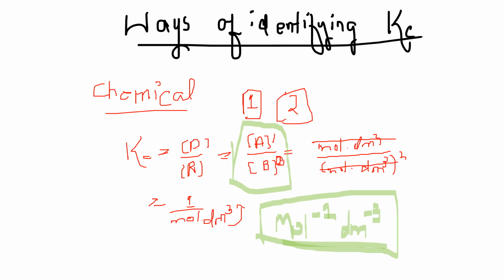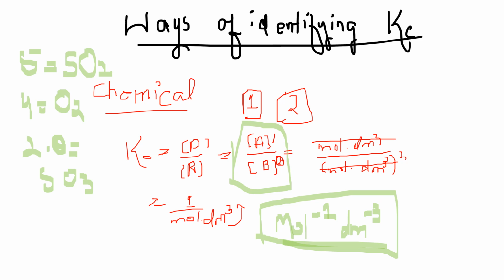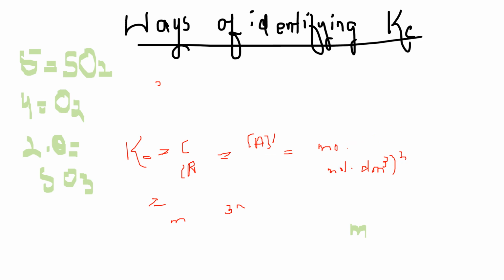Now you have to find out, if in an experiment there are 5 moles of SO2 and 4 moles of O2, of course we are doing oxidation so there is oxygen there, and 2.8 moles of SO3. Let me just remove all of these so we can do it comfortably.